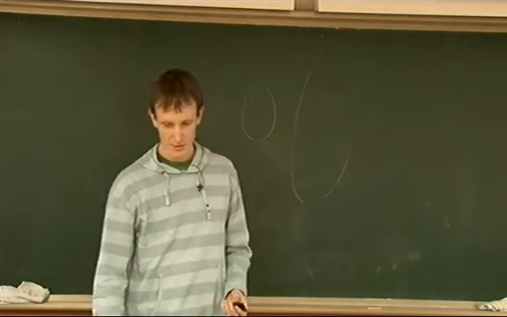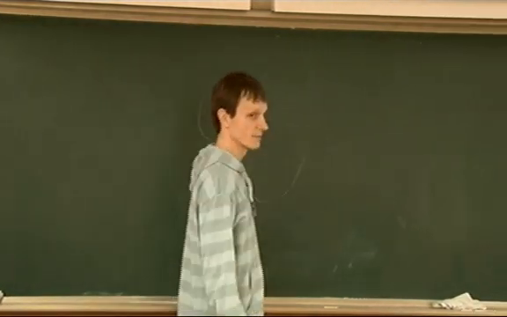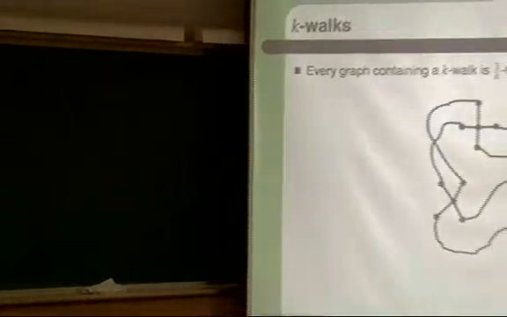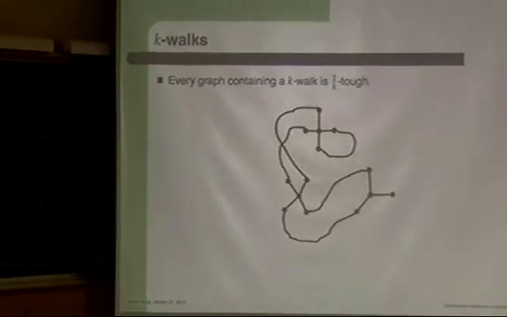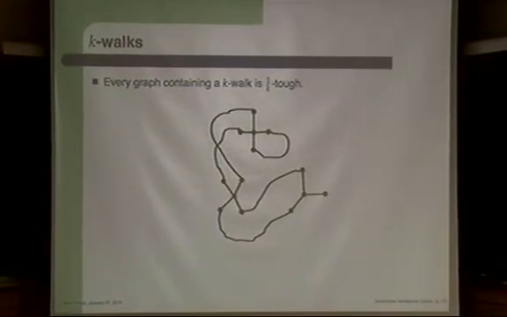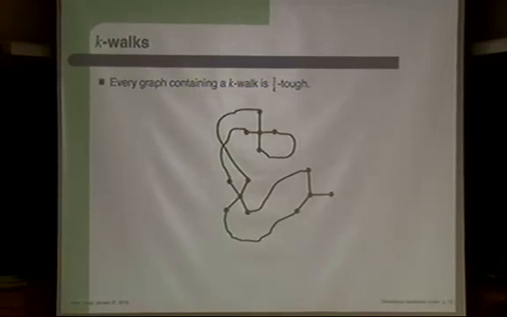So clearly the toughness can be really small while the connectivity is high. So it's more refined than connectivity. So what can we say about toughness in relation to k-walks or Hamiltonian cycles? When the graph is 1/k-tough, then toughness is at least 1/k.